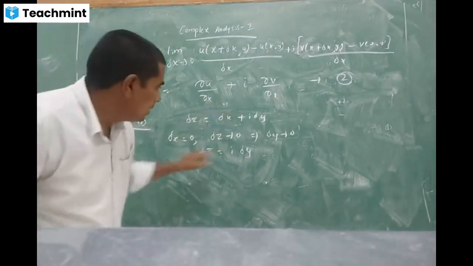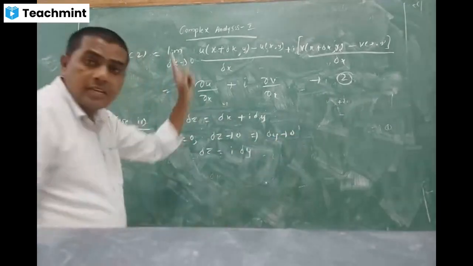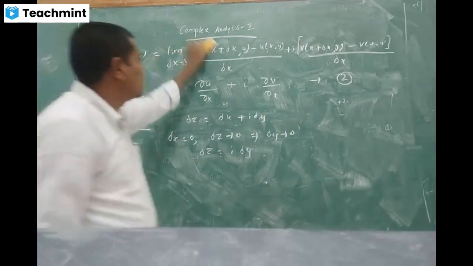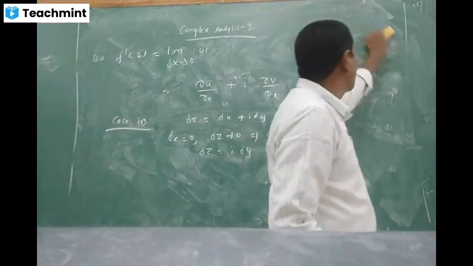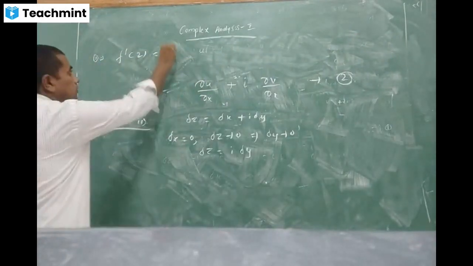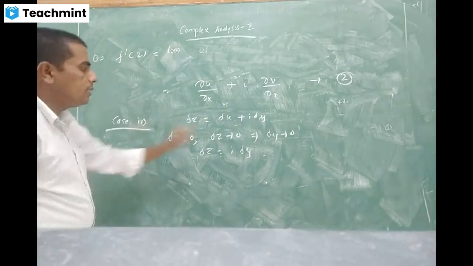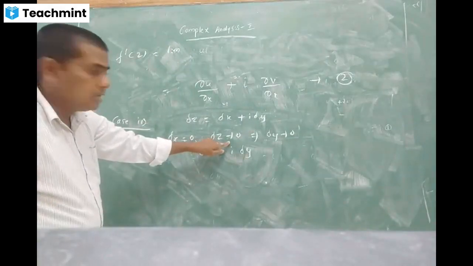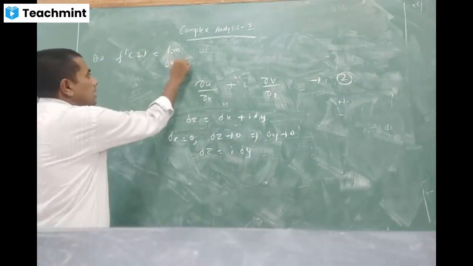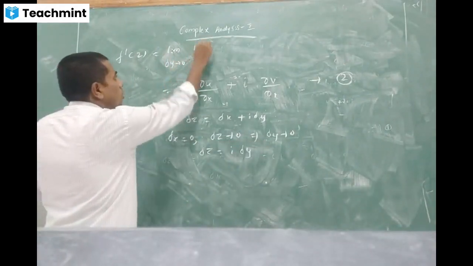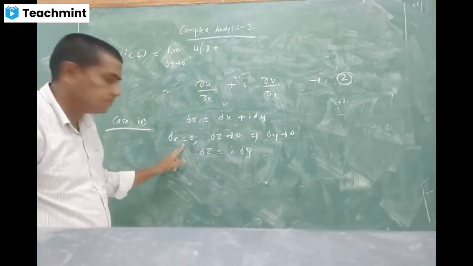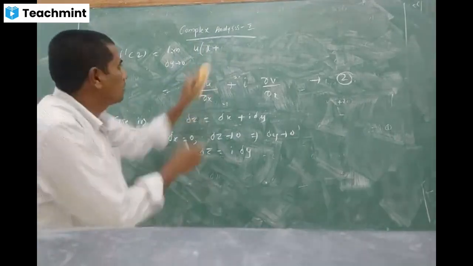So again these things I'm going to substitute in equation number 1. So limit delta z tends to 0, that is the definition. Delta z tends to 0 means delta y tends to 0 here. Next, u of x plus delta x, delta x is equal to 0 here, so I am going to negate that one.